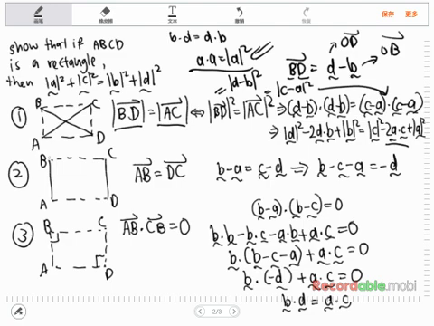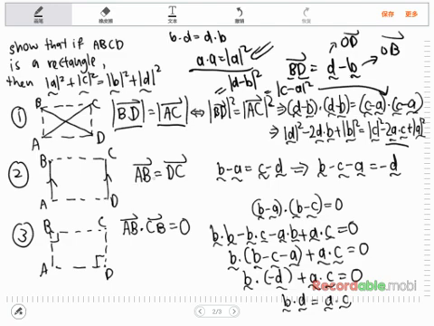So another property of the rectangle is that the opposite sides are equal. So AB in this direction is equal to DC. Do not make the mistake of saying AB equals CD. No, they are not correct because the direction matters in vectors.